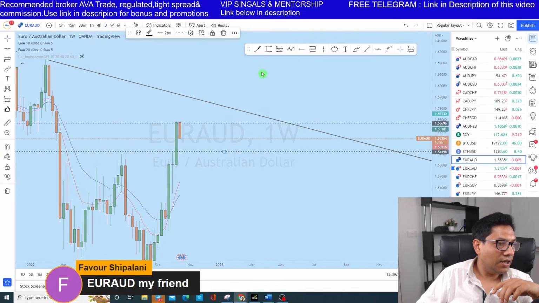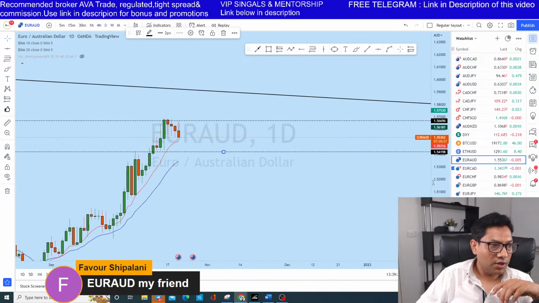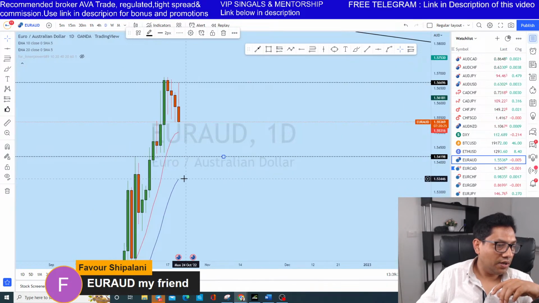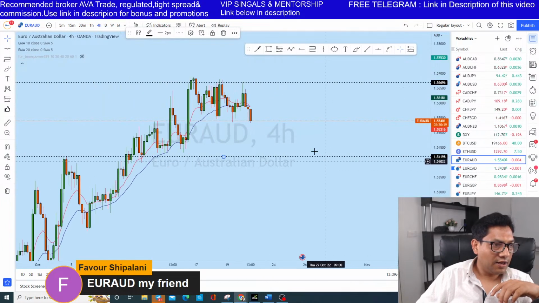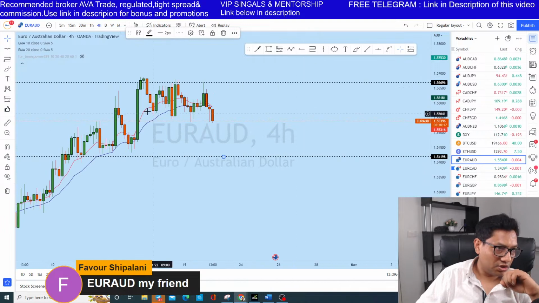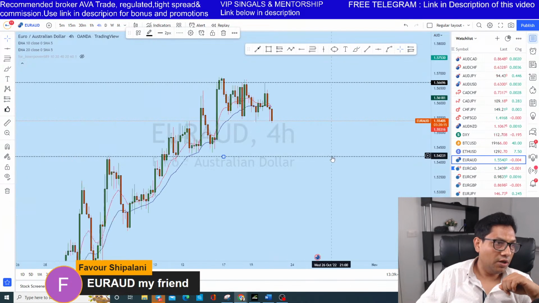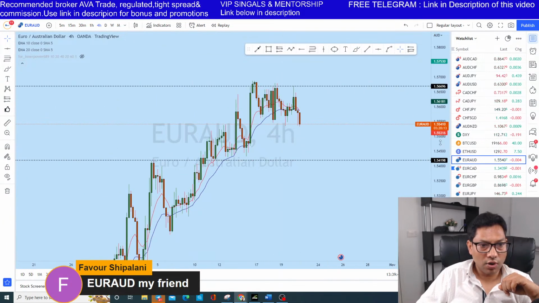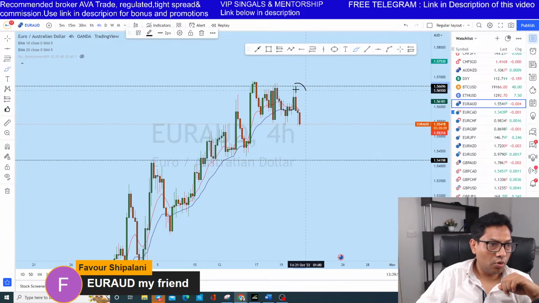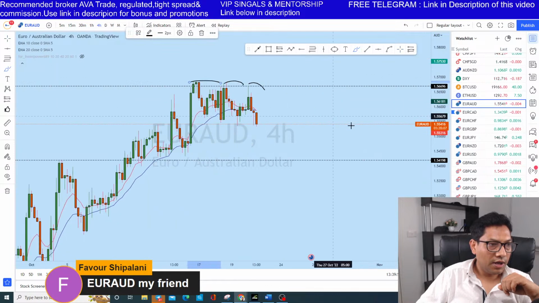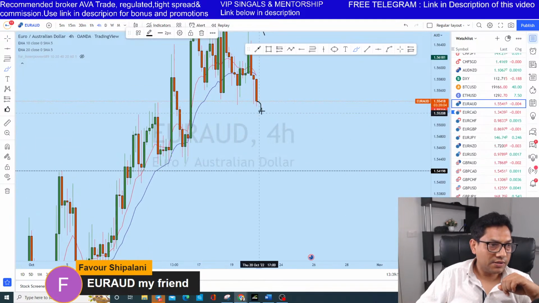Looking at the daily, there is a daily 20 EMA. It's far from the 20 EMA. Looking at the 4 hour, I think that we have got a reversal on Euro AUD. It created a series of lower highs, and then has broken down on Euro AUD.